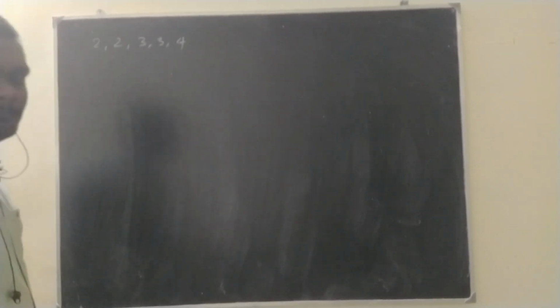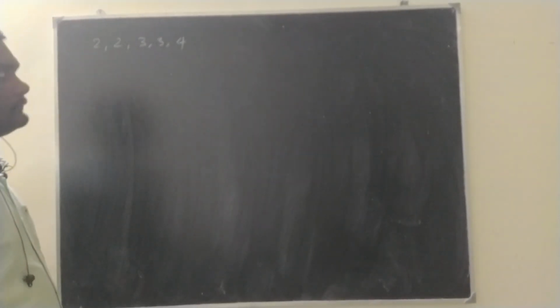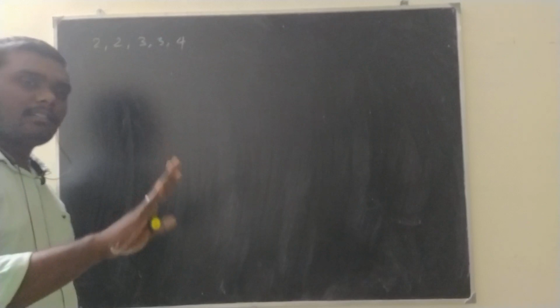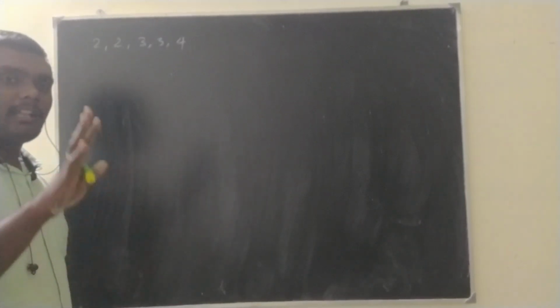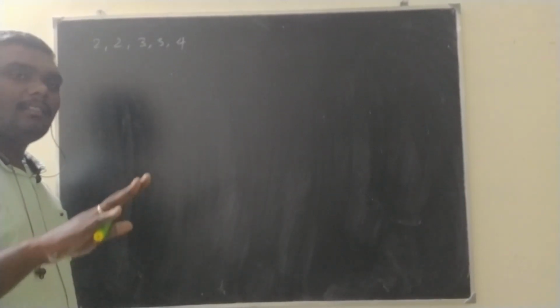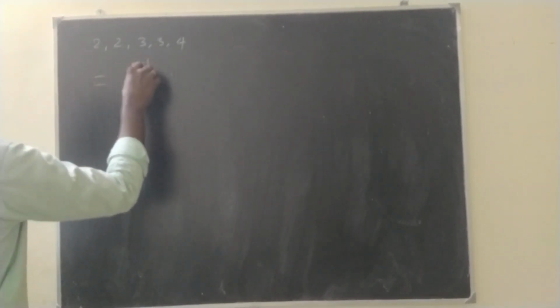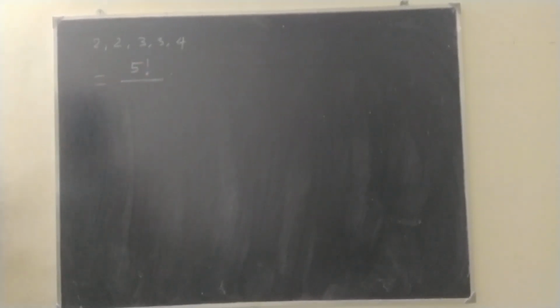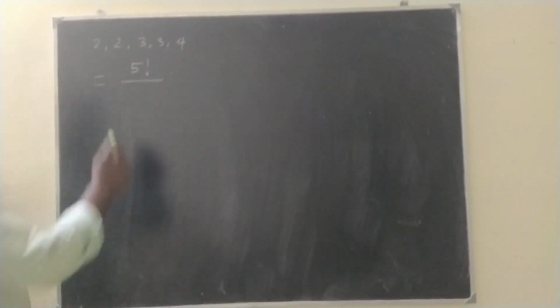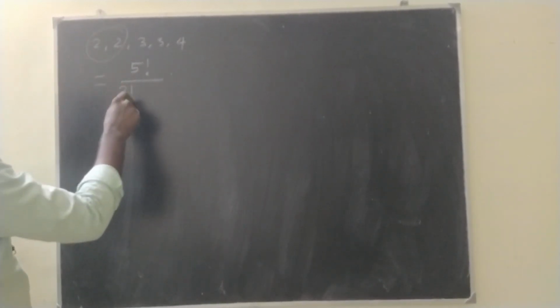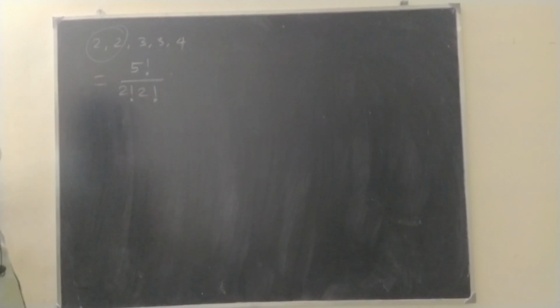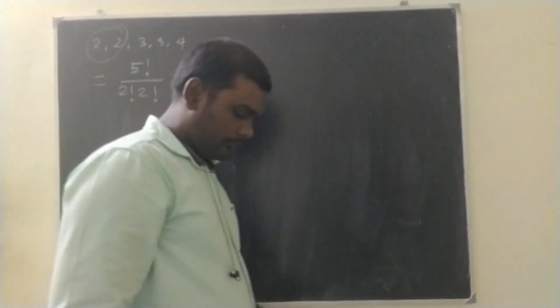Totally how many numbers are given? 5. 5 digits taken 5 at a time, so n things taken all at a time. The number of permutations is 5 factorial by 2 factorial into 2 factorial. That's all.